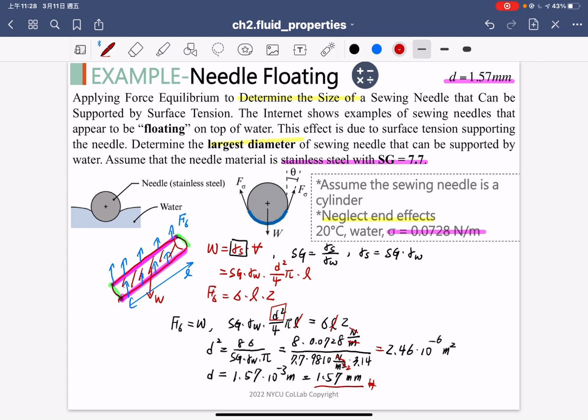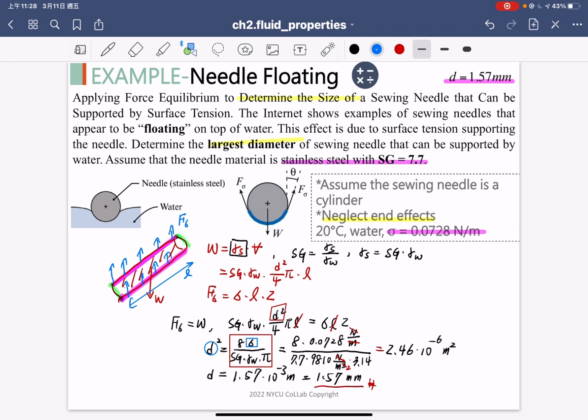But you see the balance formula as we use here. This is our final force balance formula. So as you can see, if you have a larger surface tension, then you can support a larger needle.